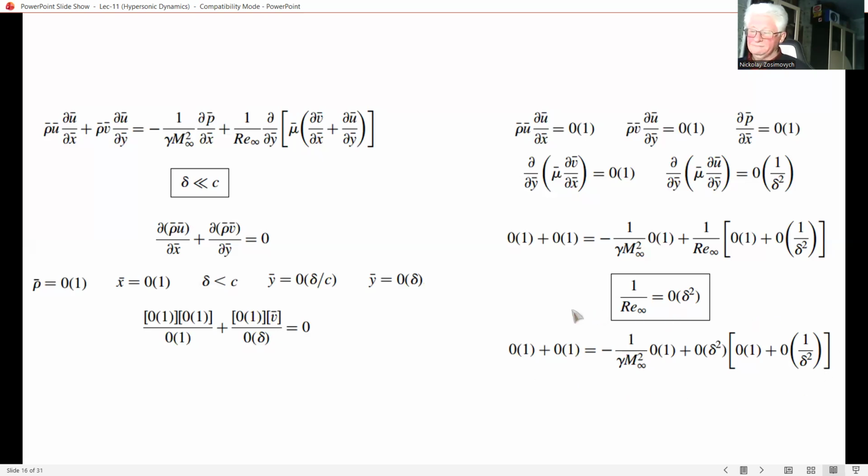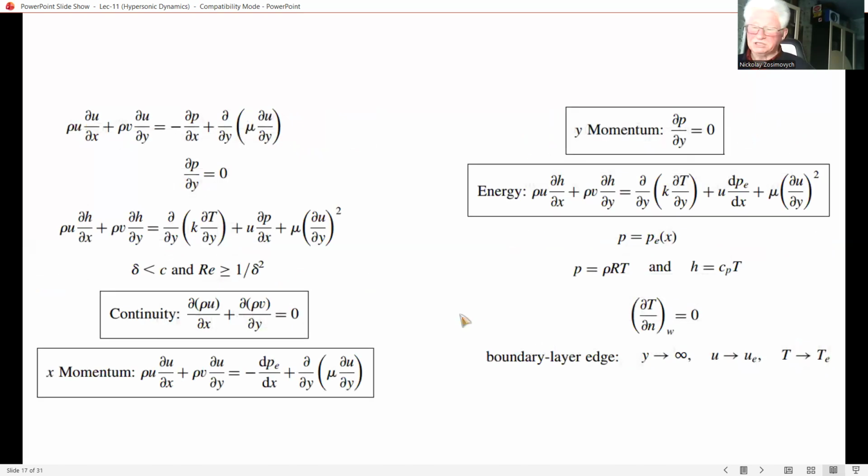So, in terms of dimensionless variables, we get this expression at the top left of this slide. Therefore, from the y momentum equation, specialized to a boundary layer, we can write a very simple, classical expression: dp over dy should be equal to 0.